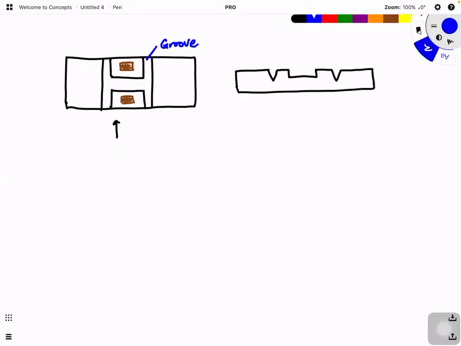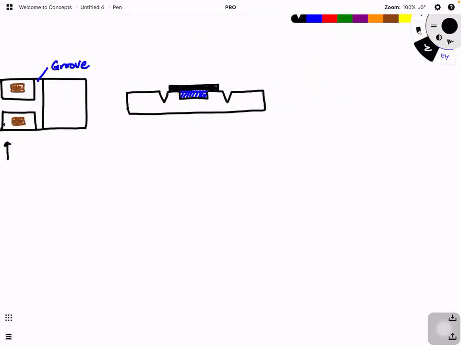This is the part where we're going to load our cell suspension, and then we're going to cover it with the cover slip. So this is a cover slip.